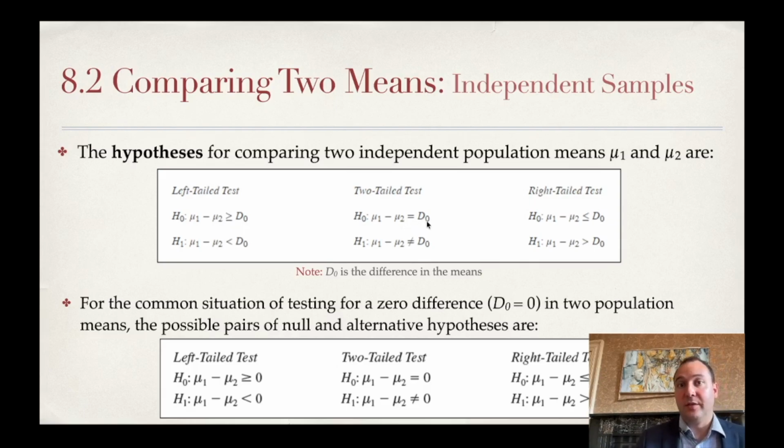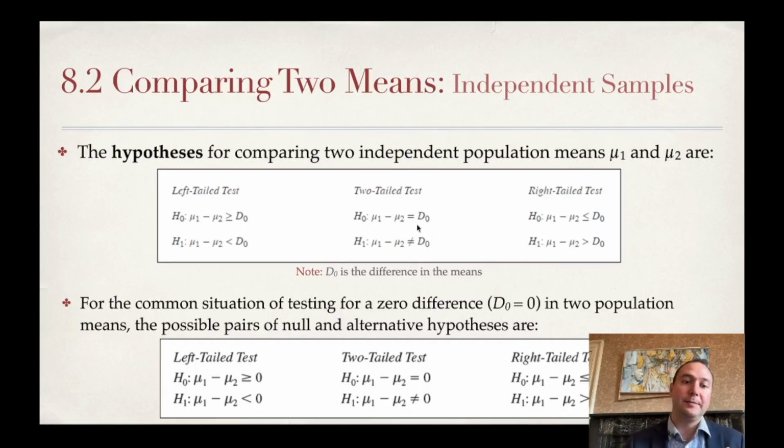In other words, the difference that we assume of that population. In almost all cases, it's common to expect that difference is 0. In other words, we're expecting that there's no difference between the 2 groups.